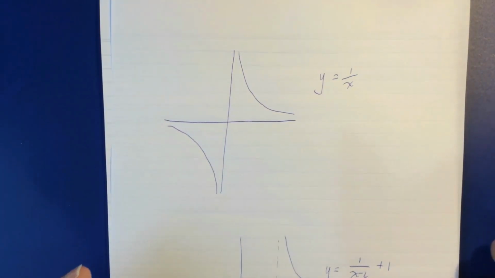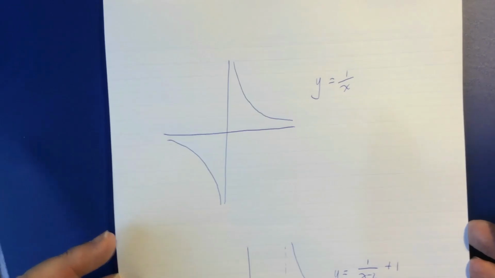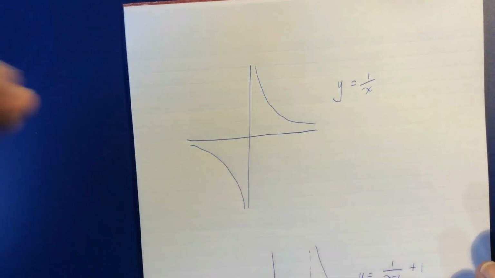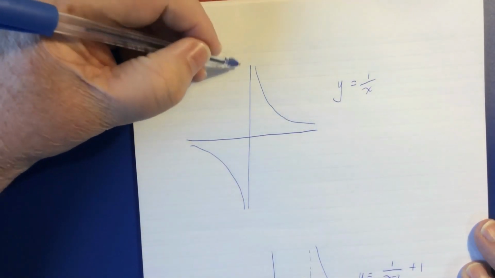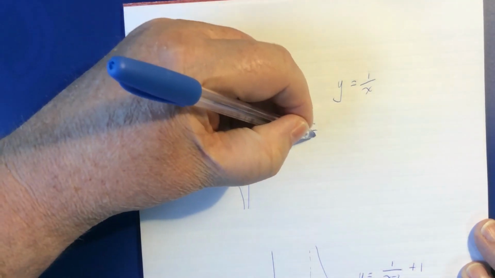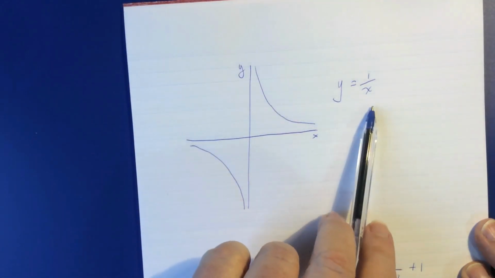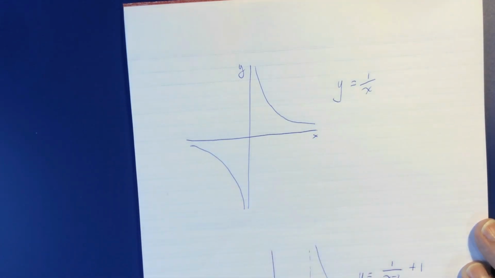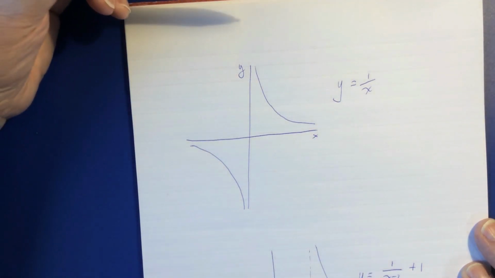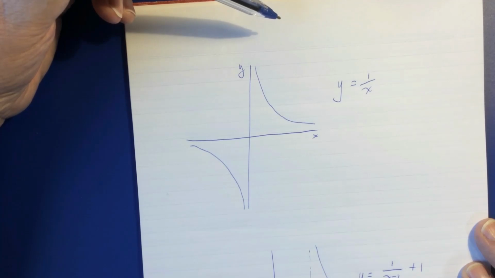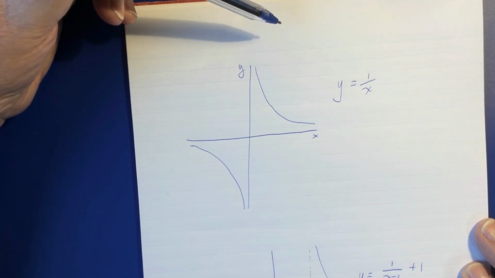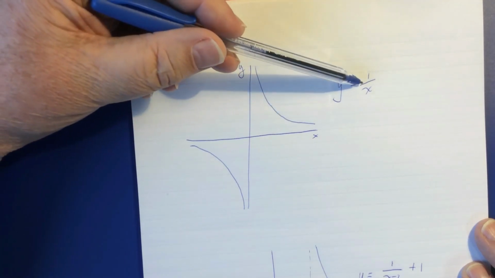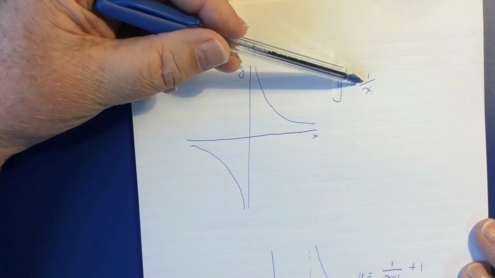Now, you may or may not be familiar with this function or this graph. This is the graph of a hyperbola, a hyperbolic function, a simple one. And the function itself imposes a limit on the domain and therefore on the range.